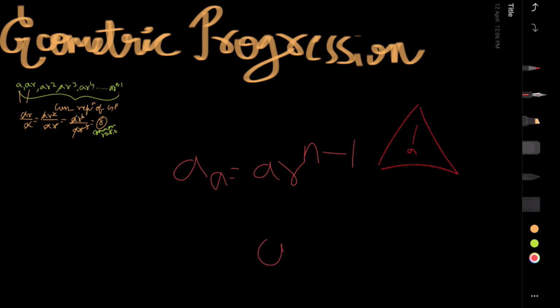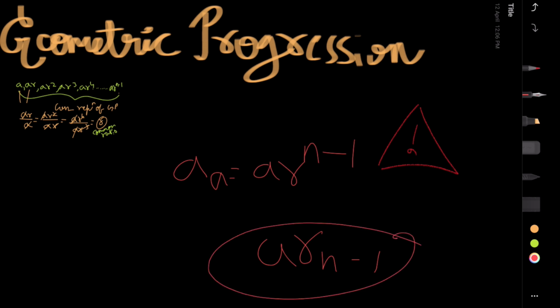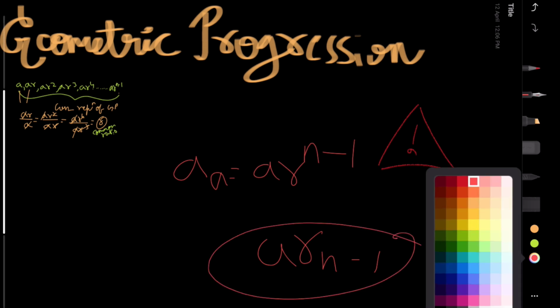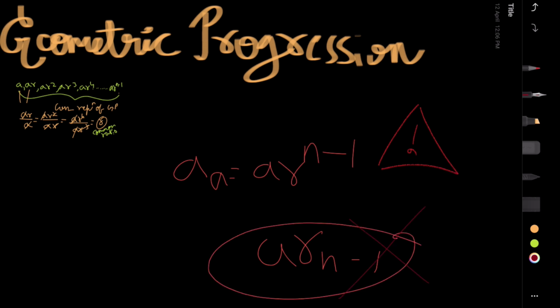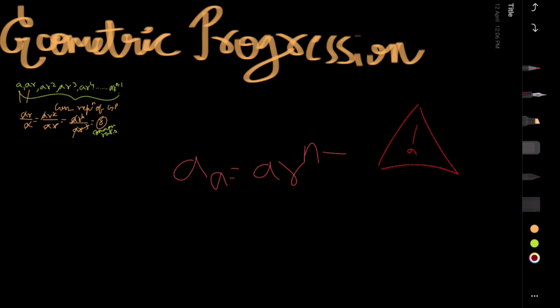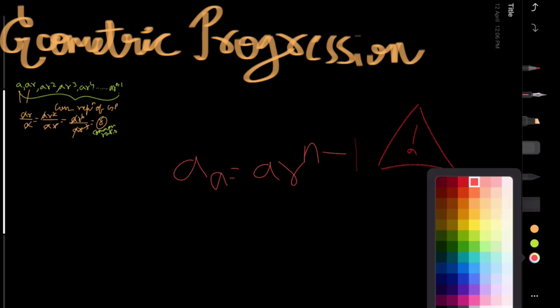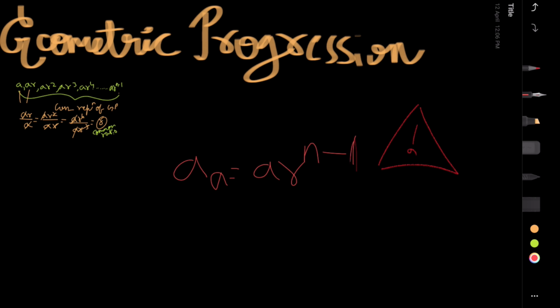It is not AR times n minus 1; that is completely wrong. It is AR to the power of n minus 1. Is this clear?